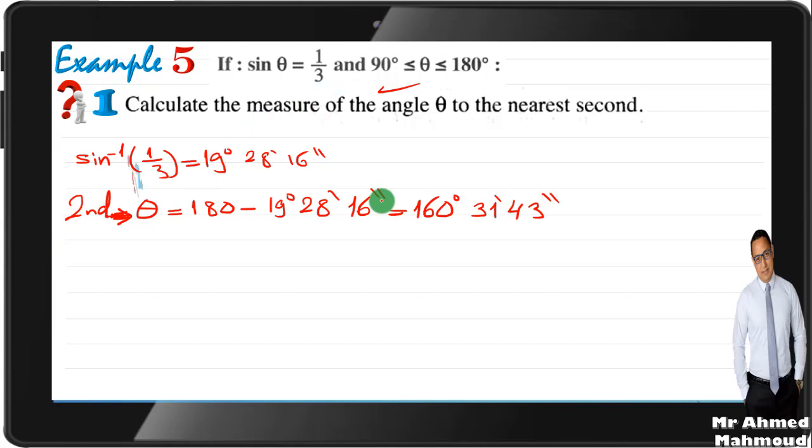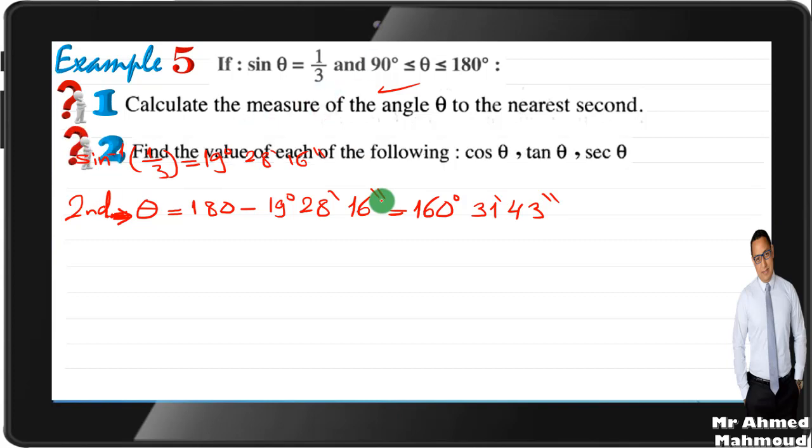Required number 2, find the value of each of cosine theta, tan theta, sec theta. Okay, to find these, I have to draw this angle. I will draw a right angle triangle in the coordinate axis, in the second quadrant, like this.